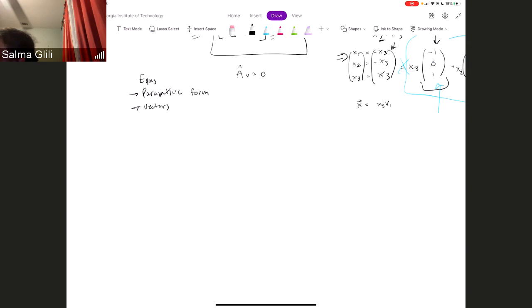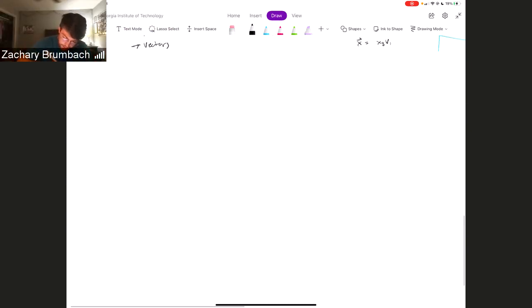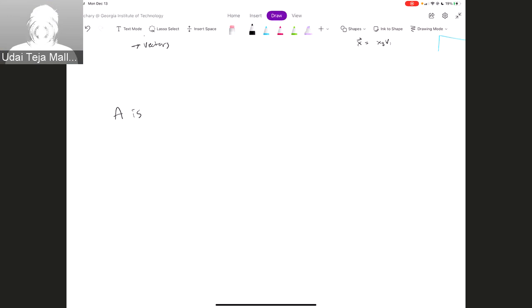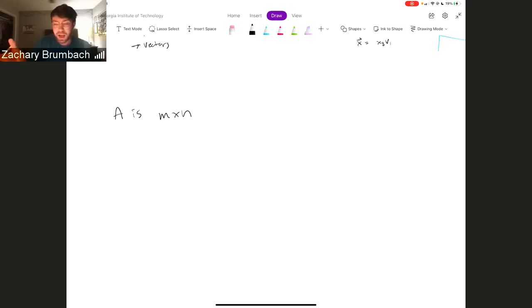All right, moving on. So range, domain and codomain are a little bit simpler. So is it m by n matrix or is it n by m? I always forget the notation for this class. It's m by n. I believe it's m by n. Like that. M by n. Cool. I get mixed up with that stuff.